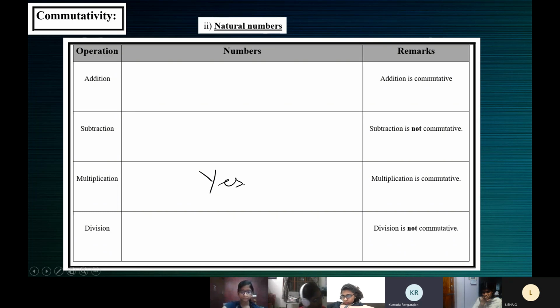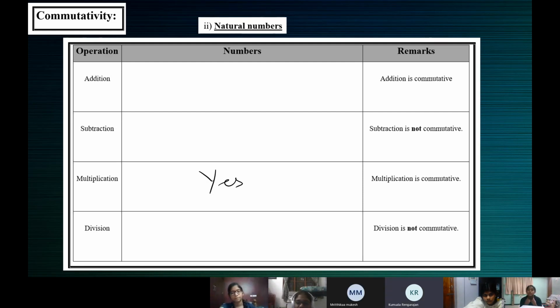What do we mean by that? Who wants to try? What do we mean by that? What should we take? We should take two natural numbers. Ma'am, when we take two natural numbers and multiply them, the product of two natural numbers is always a natural number, ma'am.